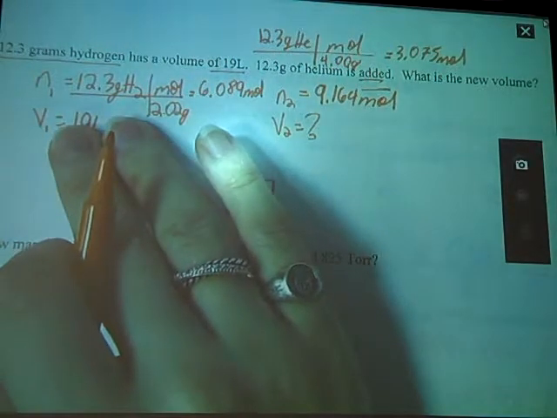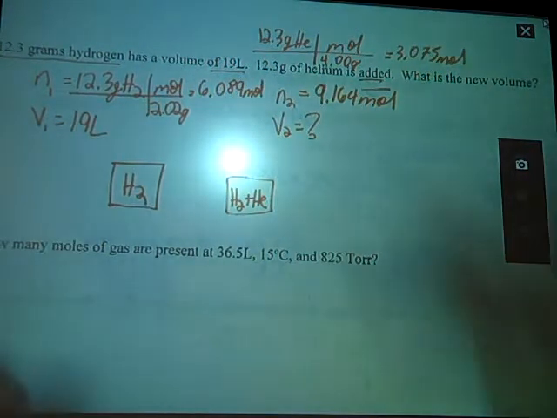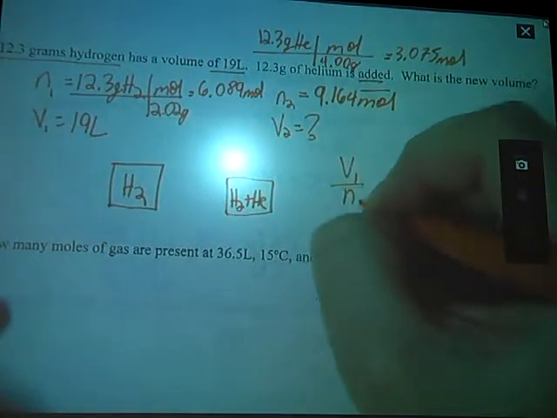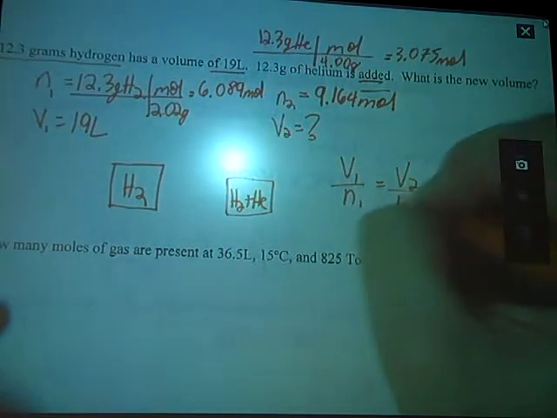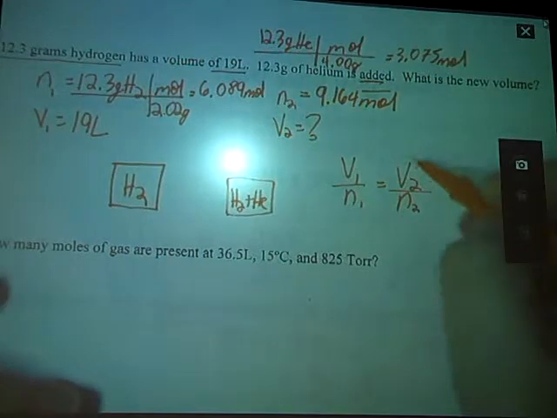This uses only N and V, so we're talking about Avogadro's law. As I said before, you can do anything to one side as long as you do it to the other. So if you put the N on the top, N1 over V1 equals N2 over V2, we just flip them both, and we can deal with the reciprocals. I'm looking for V2.